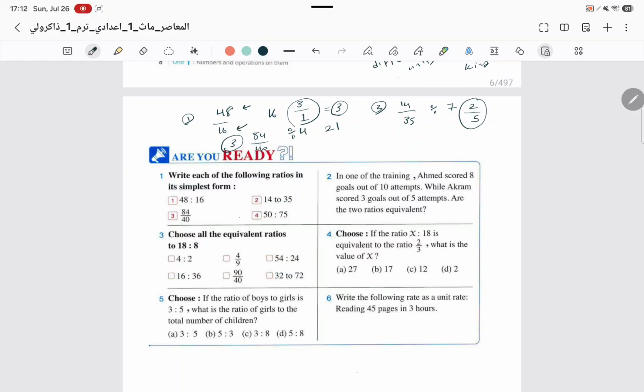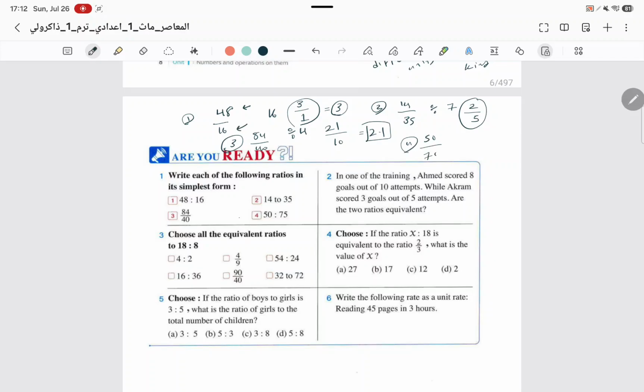So 84 divided by 4 is 21, and 40 divided by 4 is 10. So the simple form of 84 over 40 is 21 over 10.